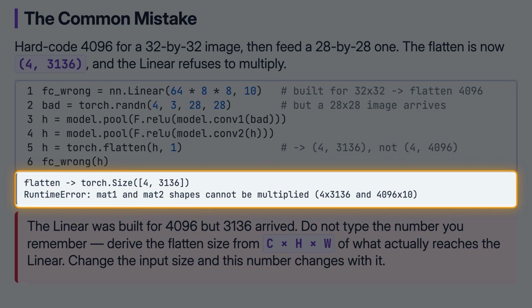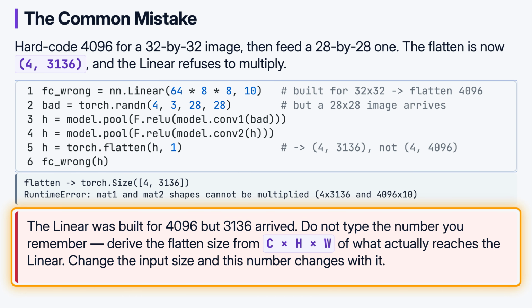The linear was built for 4096, so it refuses. The error says it plainly. 4 by 3136 and 4096 by 10 cannot be multiplied. So the rule is simple. Never type a number from memory. Work the flatten size out from the channels, height, and width that reach the linear, and it moves whenever the input size does.